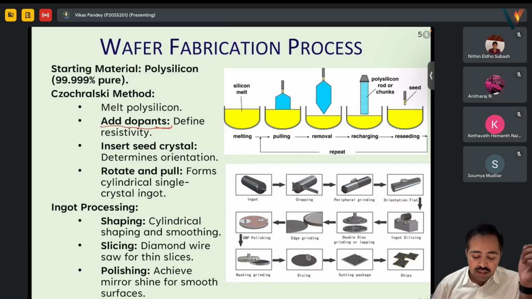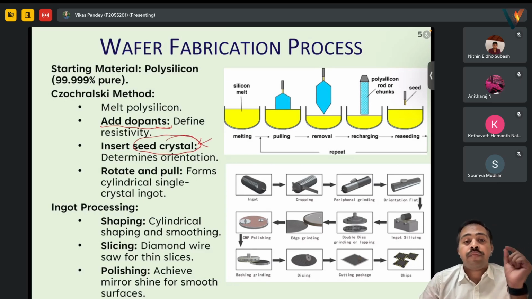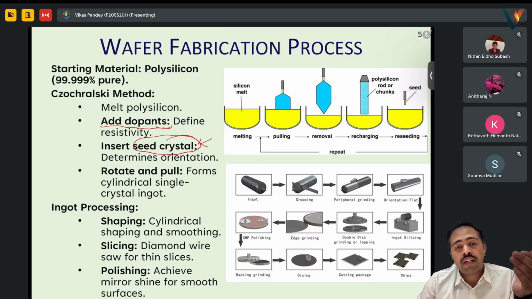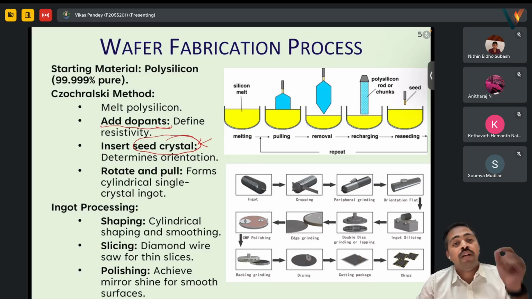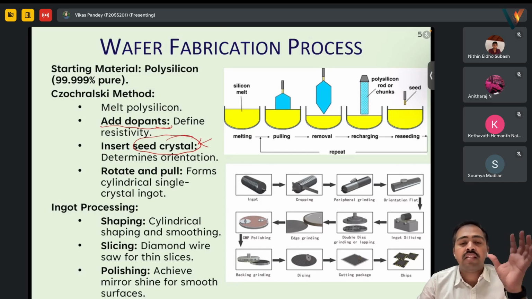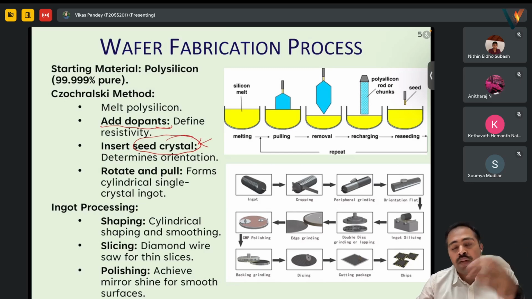This is very important: whatever seed crystal we put, the orientation of the whole wafer that comes out will depend on it. So, rotate and pull. This is the CZ method, one of the most common methods used in fabrication of the wafer.